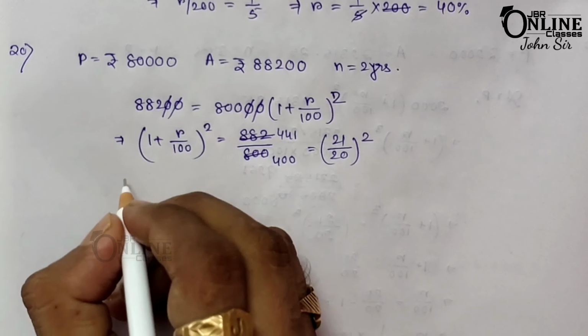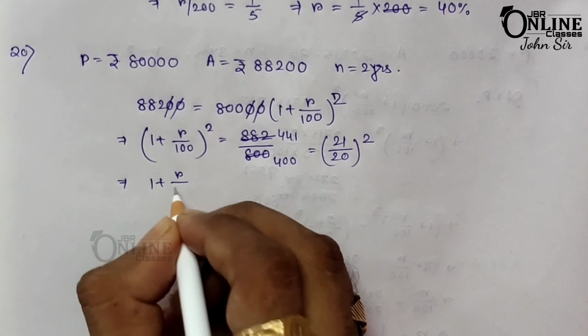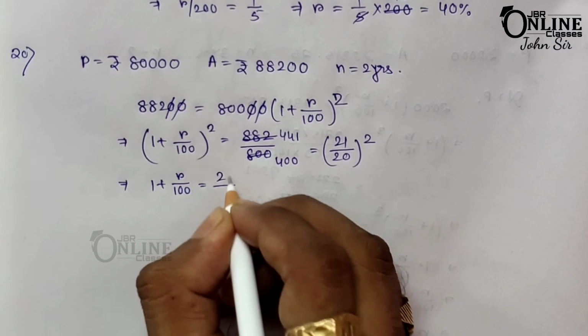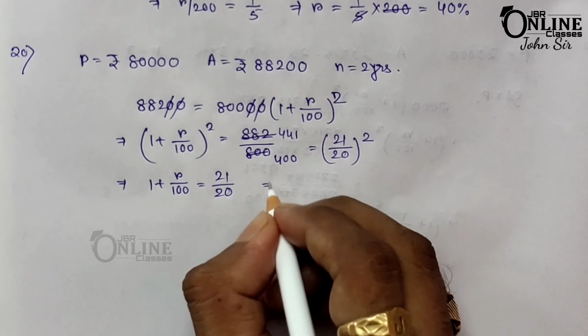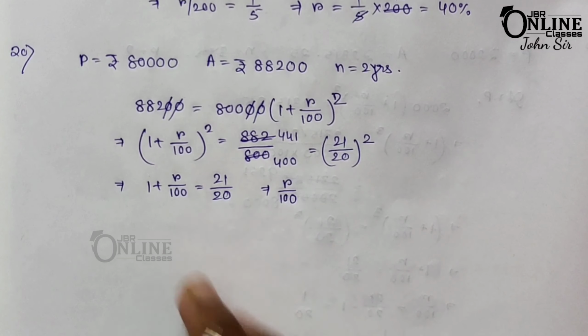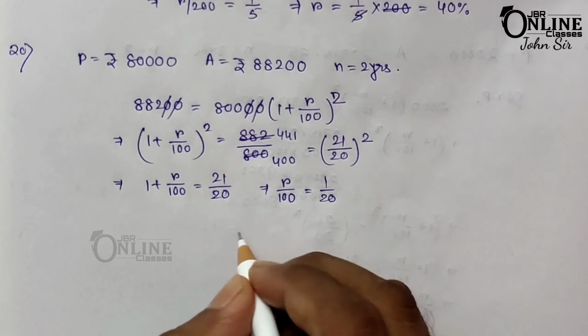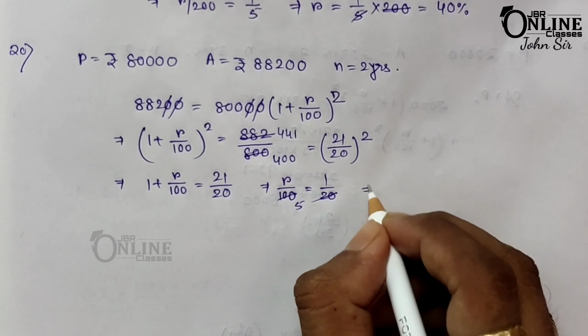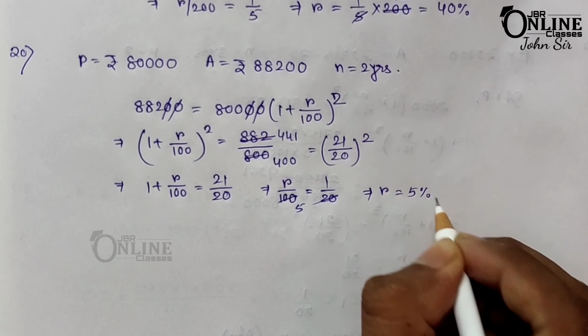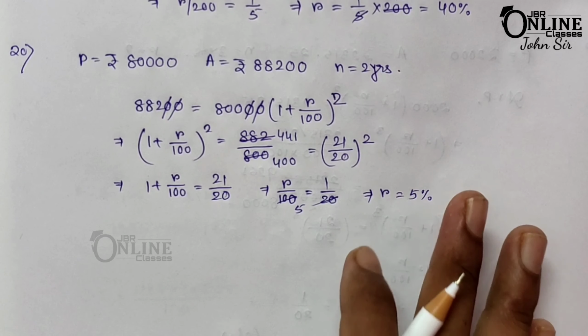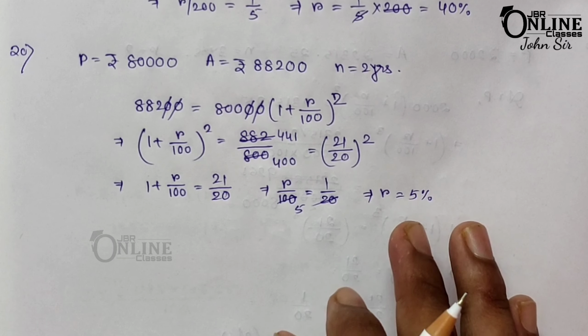So by comparing both sides, 1 plus R by 100 equals 21 by 20, then R by 100 means 21 by 20 minus 1, that equals 1 by 20, so R equals 5%. That is your first answer.